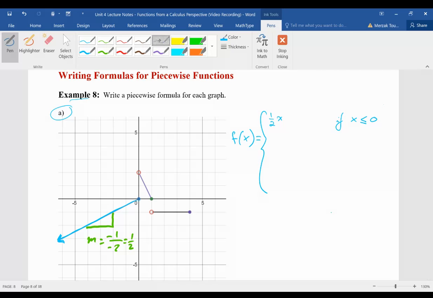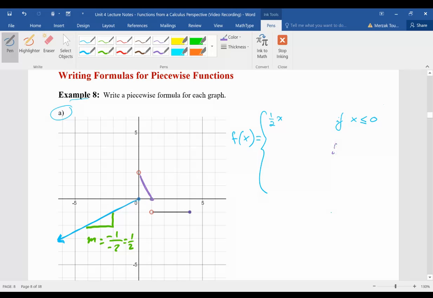Let's do the second one. The second one, which is this one here, we said it starts at 0 and it ends at 1, but 0 not included.